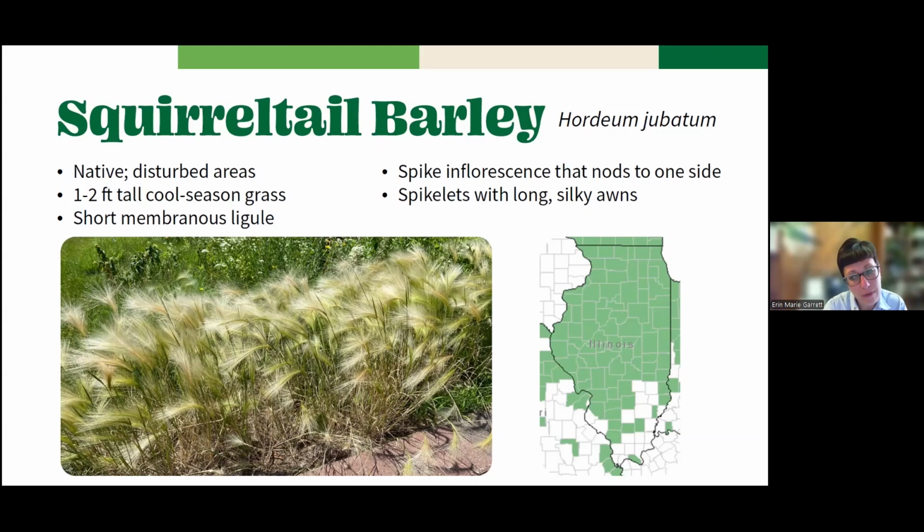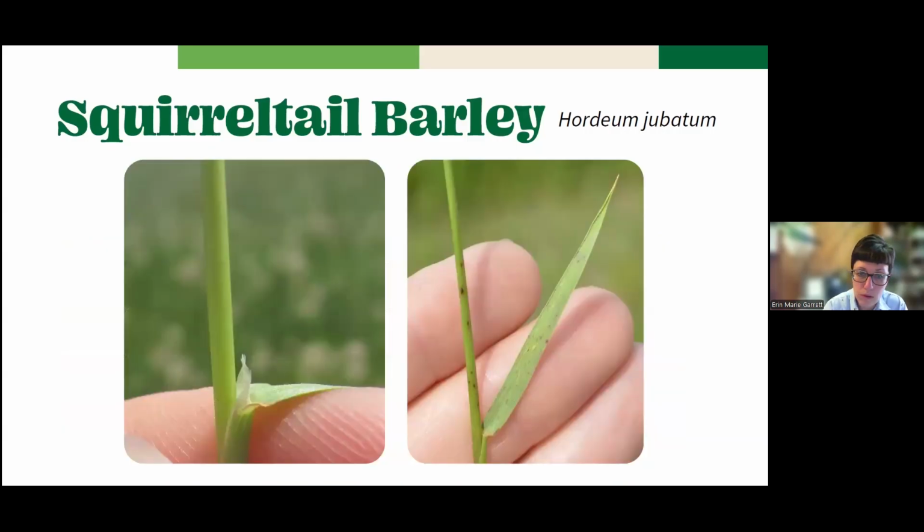Not really as much in southern Illinois, although through a few scattered counties, but you can find it throughout the rest of the state. Okay, here's a close-up of that ligule that you can find. We have shorter leaf blades that come with that shorter size.